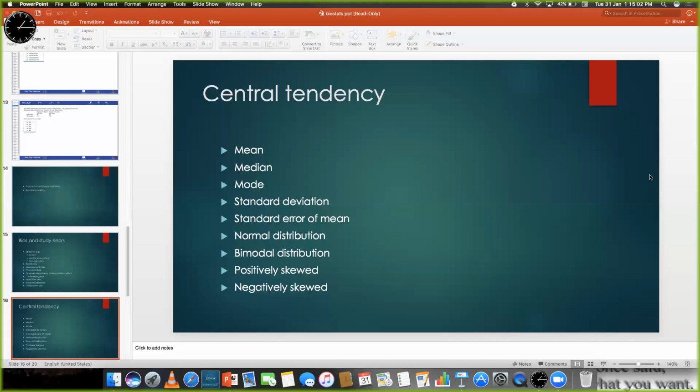So rather than saying one single value, I'm just saying that the mean of the whole institution might lie somewhere from this value to this value. That is a confidence interval.